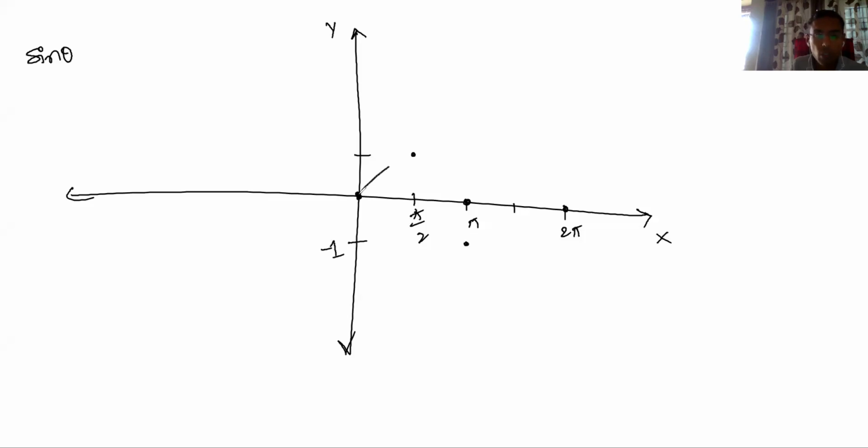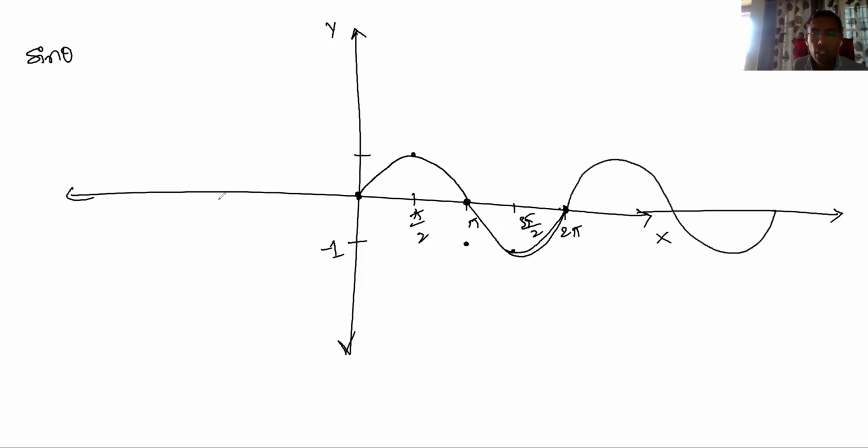So I am going to draw like this. This is 3 pi by 2, and for 3 pi by 2 it is minus 1. Then it comes to this. Again for 0 to 360 degrees, the same values will come, so you will get the same graph like this. This side also like this only.